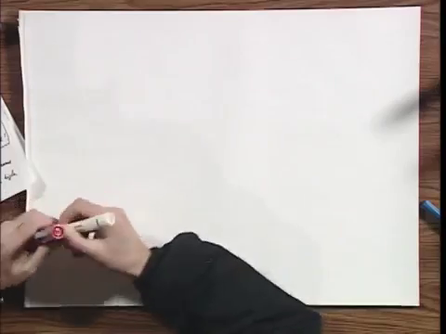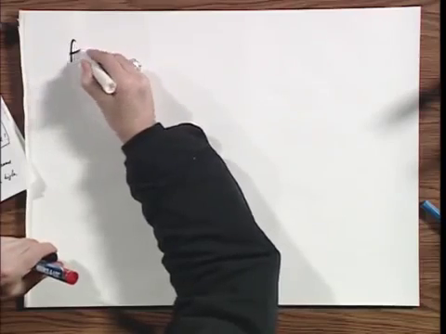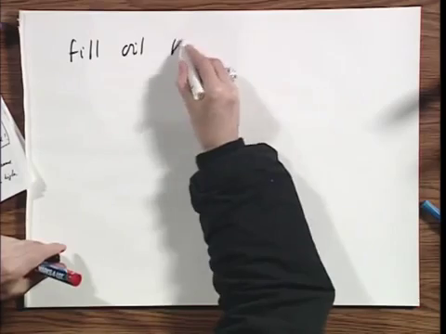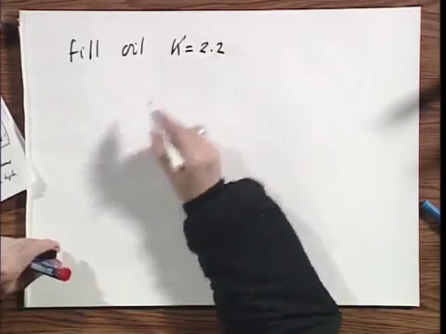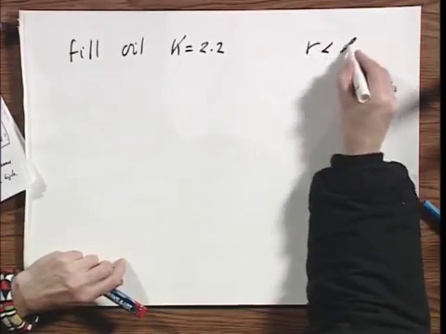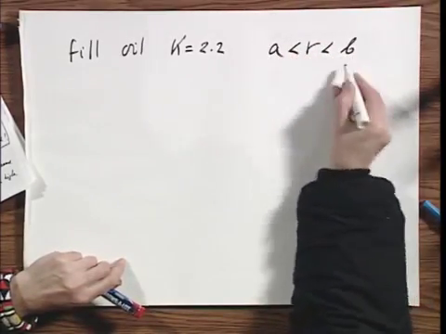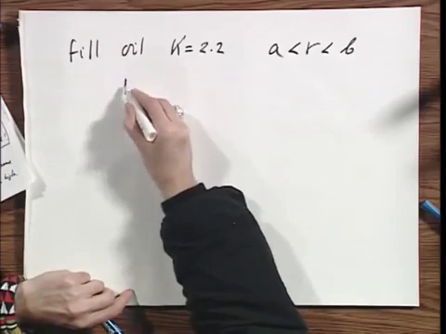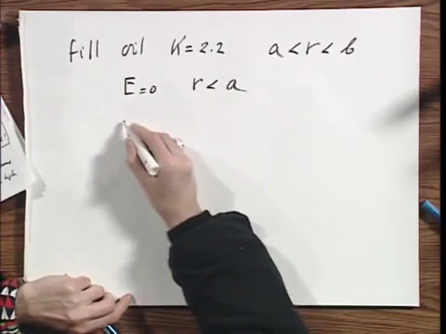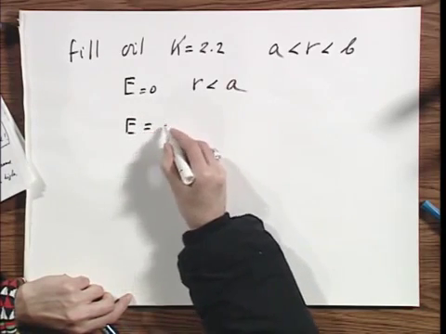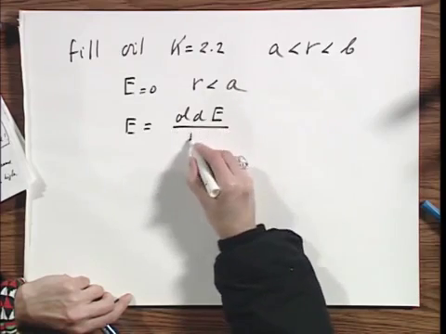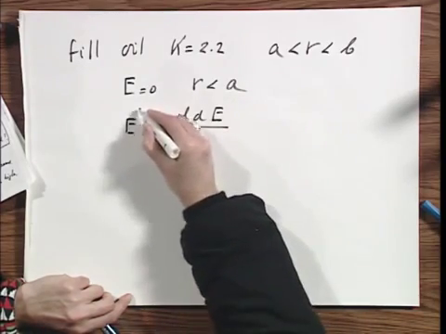Okay, now we fill the capacitor with oil, and the dielectric constant is 2.2. And we do that in the area where there was vacuum before. Now E remains 0 for R less than A. That's not going to change. The new E is going to be the old E, which we calculated, divided by K. Remember, E goes down.